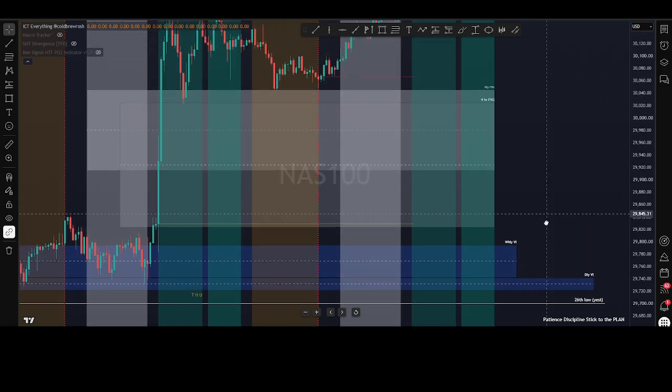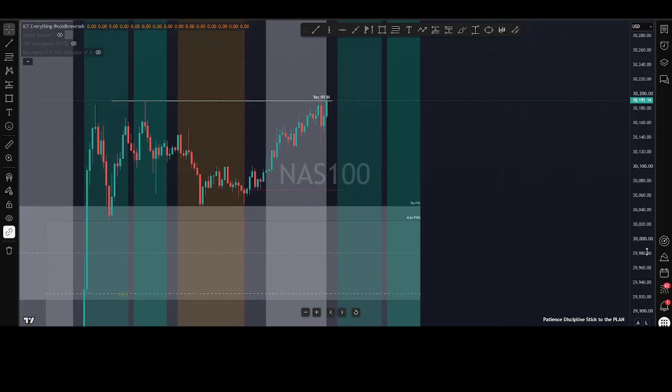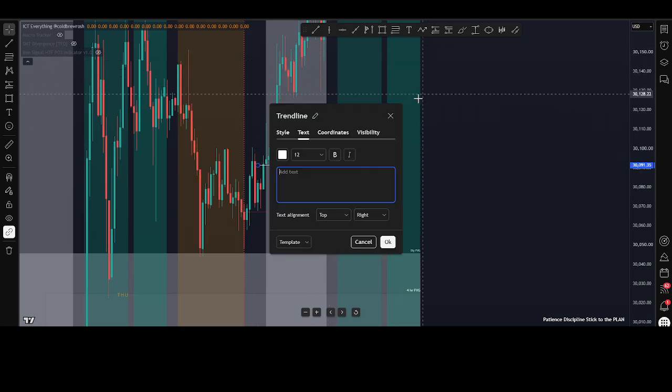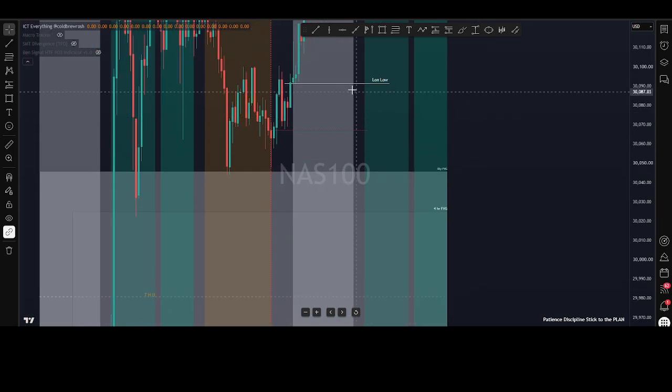Can't see us getting back down here, but if we were to look at anything today, it would be if we do have this drop down, and I suspect if we do drop down, we won't get anywhere near this, but that would be the London low. And we're only interested in the most recent, right?